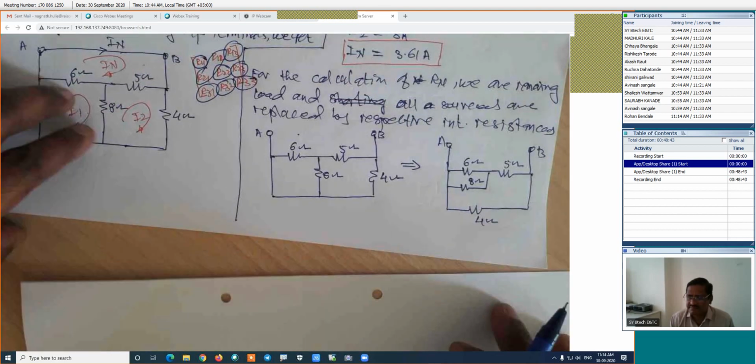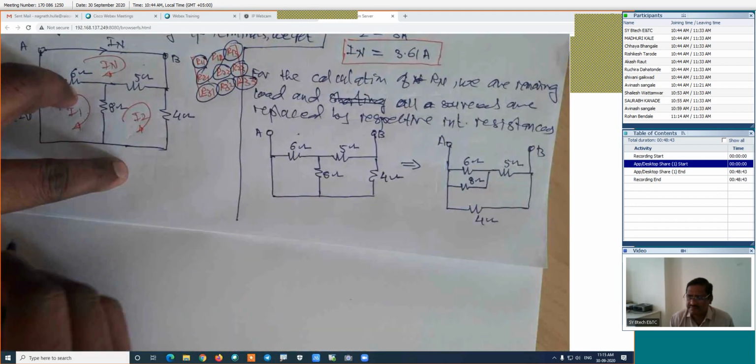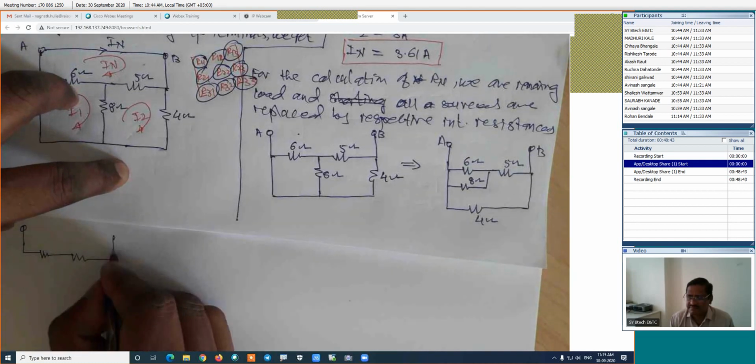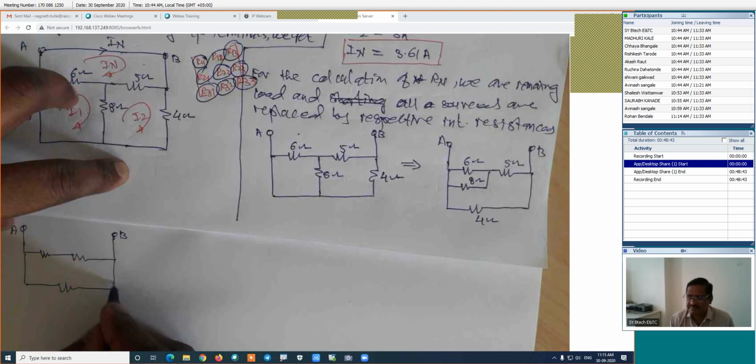These are the two in parallel. This is the A point. Here is the parallel combination. This is 5 ohm. This point is the B point. There is the A point. And this resistance is as it is. This 4 ohm. This is 5 ohm.